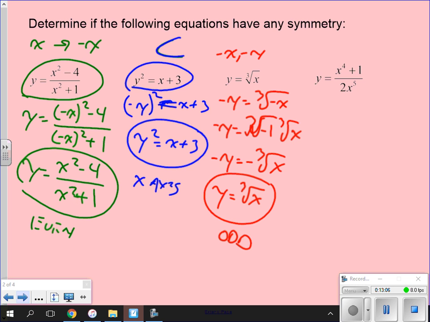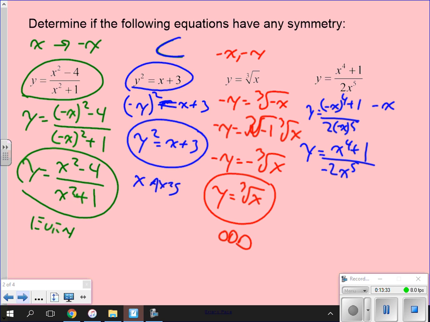So if I just put negative x in there, I get y equals negative x to the fourth plus 1, over 2 times negative x to the fifth, and that will not come out the same as the original problem. I'll get y equals x to the fourth plus 1, my numerator's good, but my denominator is negative 2x to the fifth.